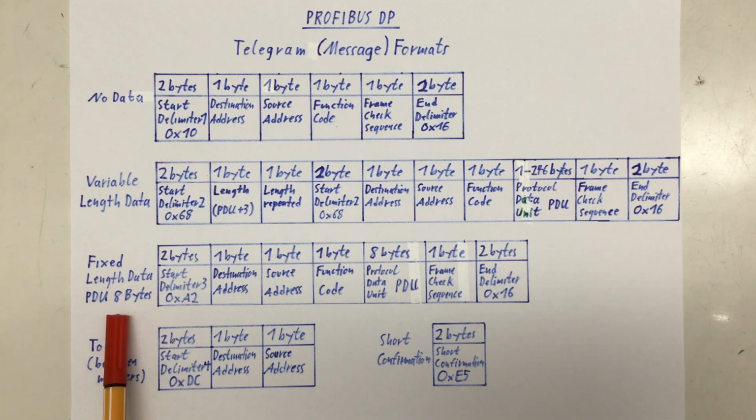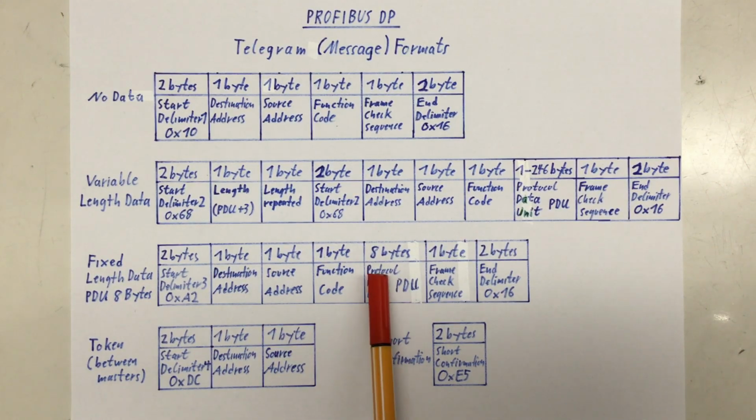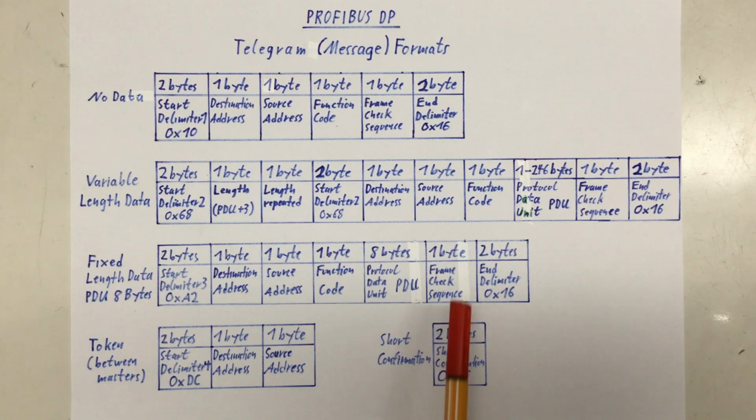That is an 8-byte PDU. Its start delimiter has the hexadecimal value A2, which is followed by the destination address, the source address, the function code, and then that 8-byte protocol data unit. At the end, as always, the frame check sequence and the end delimiter.